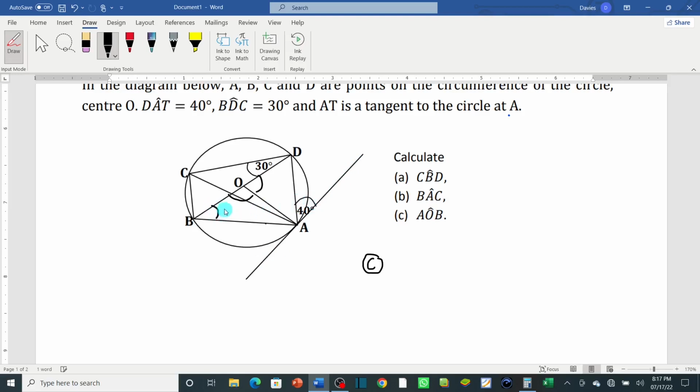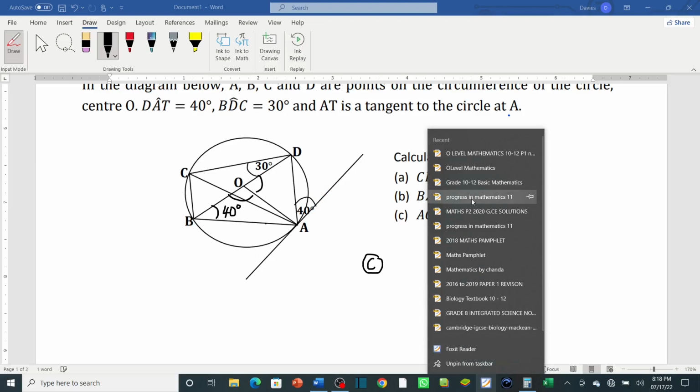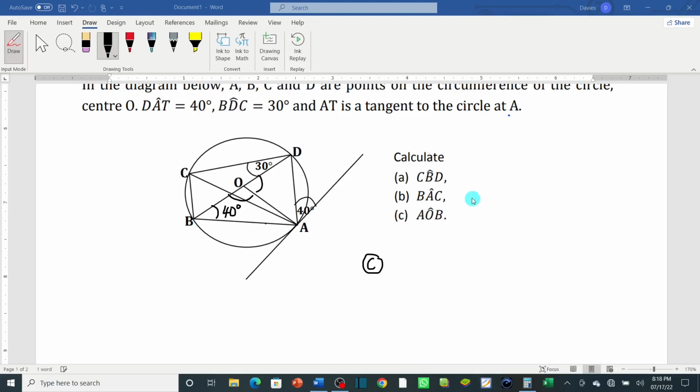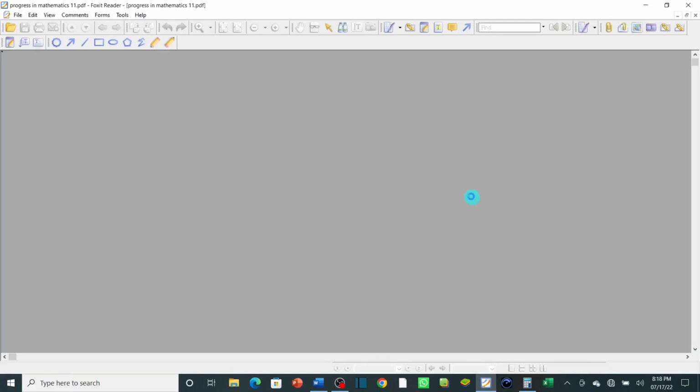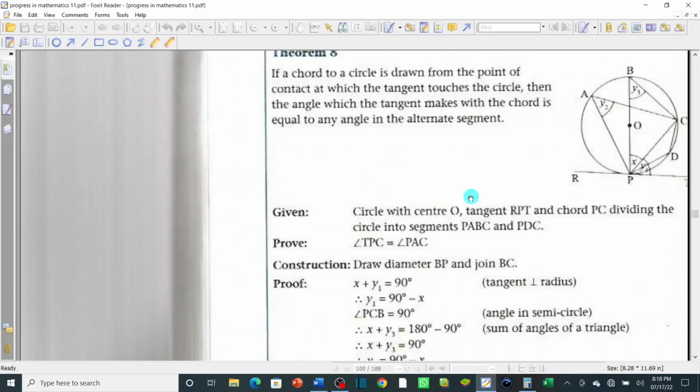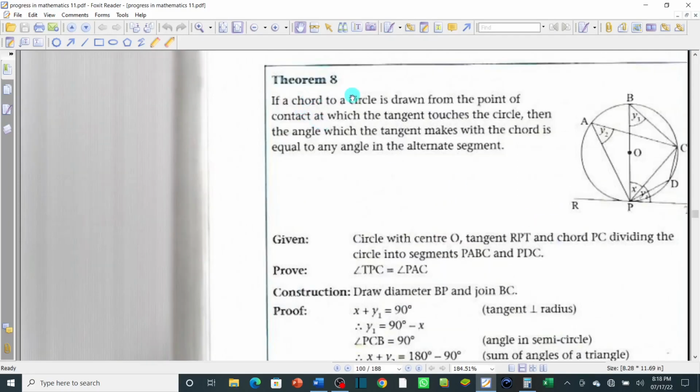So this angle also is 40, guys, because according to the rule, let me just pull it out so that you can see the proof. Yeah, Progress in Mathematics. So this is Progress in Mathematics, and this is called theorem 8.